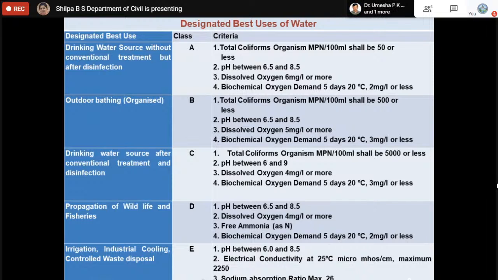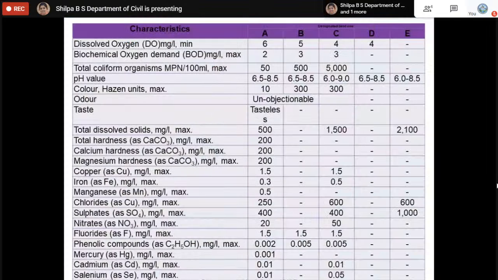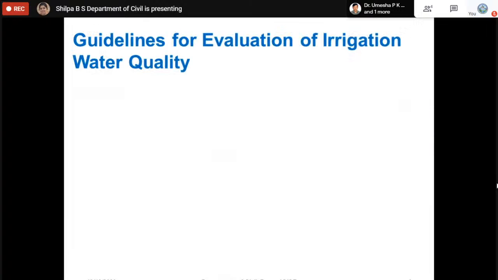Class A is mainly the drinking water source without conventional treatment but with disinfection. B is designated for outdoor bathing, and C is the drinking water source after conventional treatment with disinfection. D is propagation of wildlife and fisheries, and E is irrigation and controlled waste disposal. According to the various classes, the water quality parameter values are listed here.